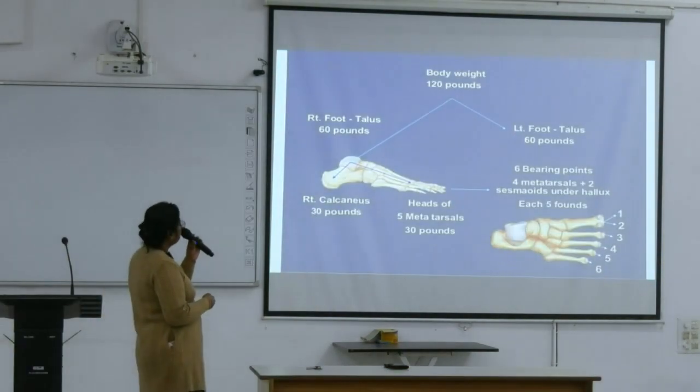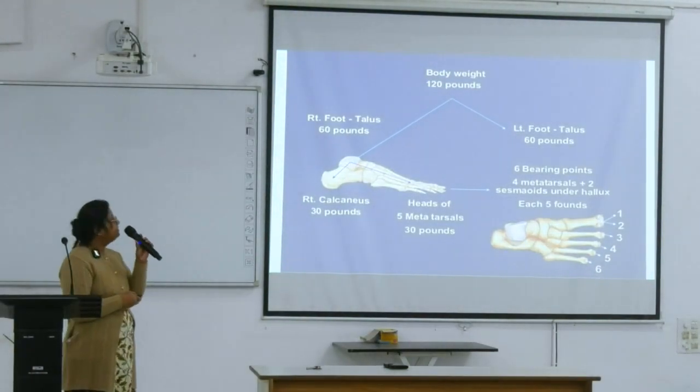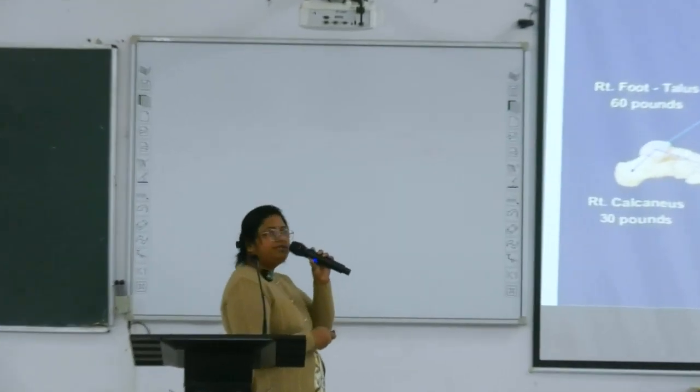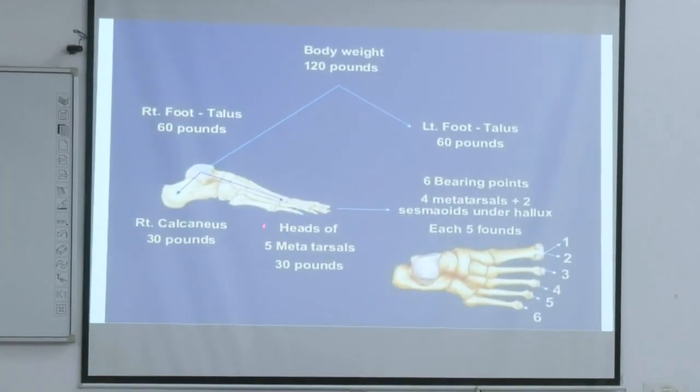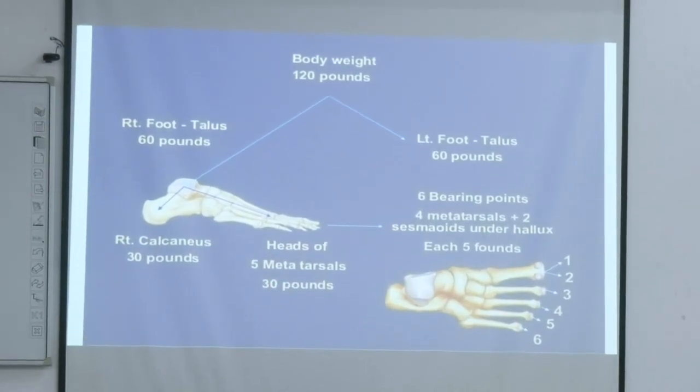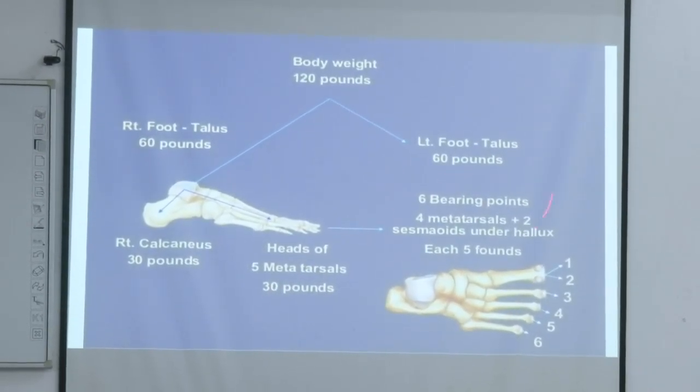Next. So if the body weight of a person is about 120 pounds, the right foot will carry 60 pounds, left foot will carry 60 pounds. Okay. First the body weight passes through the talus. Then it will divide into 2 parts. 30 pounds will be carried by the calcaneum and the rest of the 30 pounds by the heads of the 5 metatarsals. 6 bearing points are present.